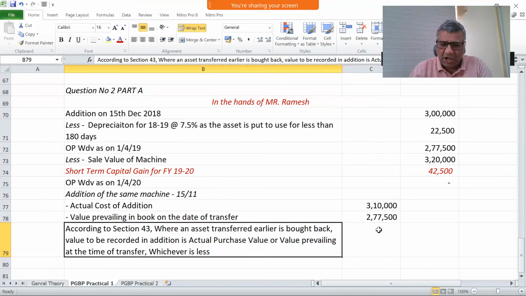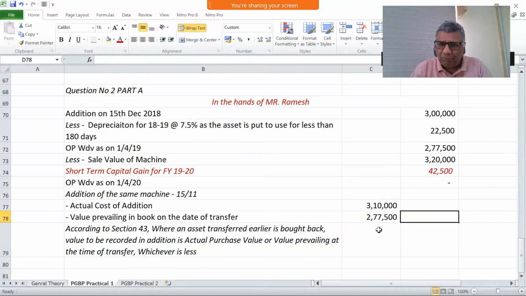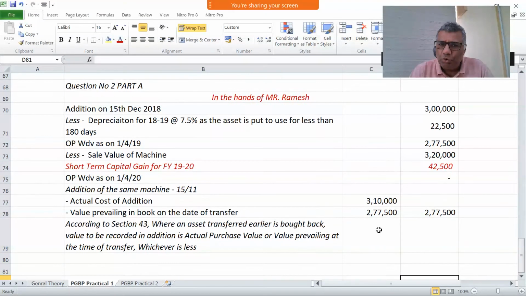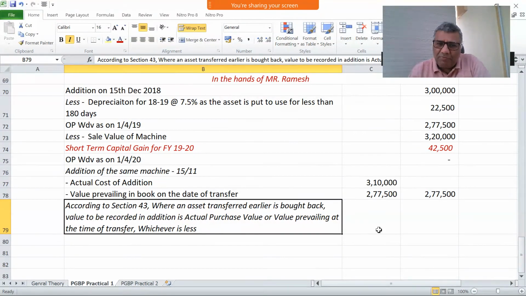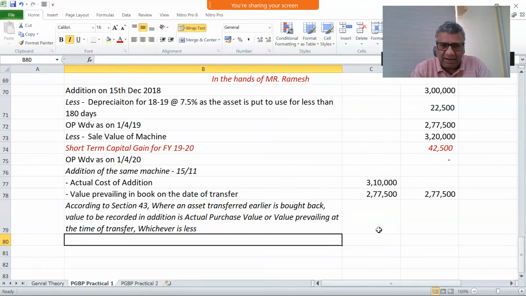This is the law. So I can only record 277,500, because at the time of transfer, my book value was only 277,500.